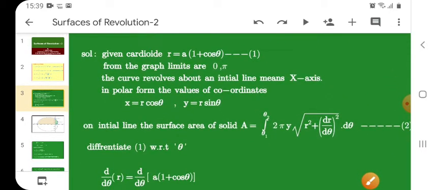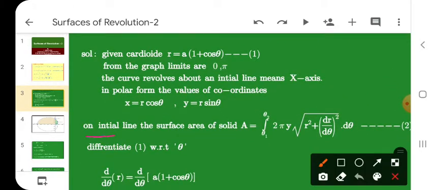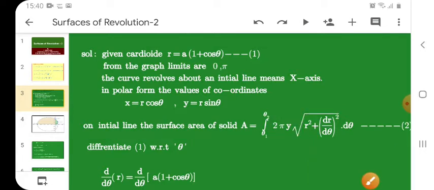We know the value of r and the limit values, and the y value also. Then what do we have to find here? Therefore, on initial line, the surface area of solid A equals integral theta 1 to theta 2 of 2 pi y. What is y here? F of x. Instead of f of x, I write y into root of r square plus dr by d theta whole square.